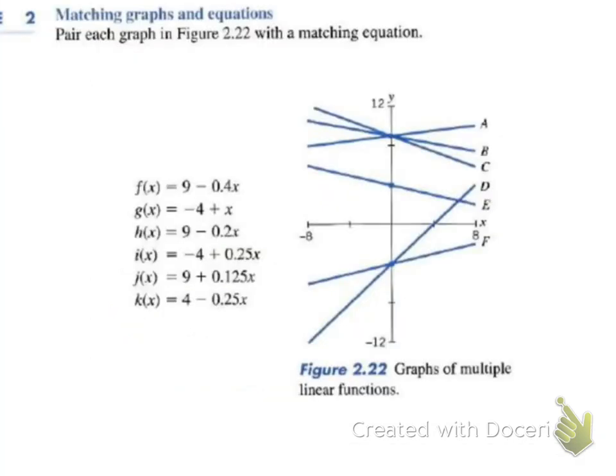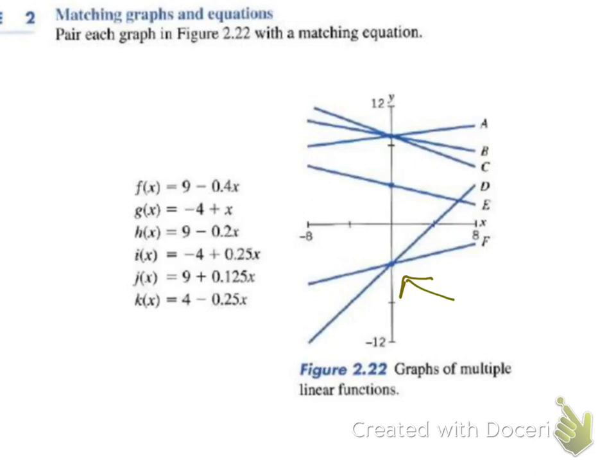Okay, now they want us to match the graphs to the equations. So let's start from the bottom. So look at these two equations. For D and F, my y-intercept has to be negative. So where is my y-intercept negative? So let's look and see if we can figure that out.